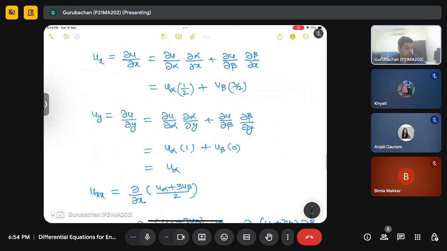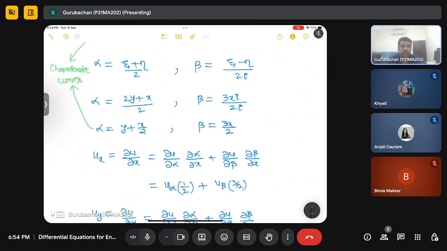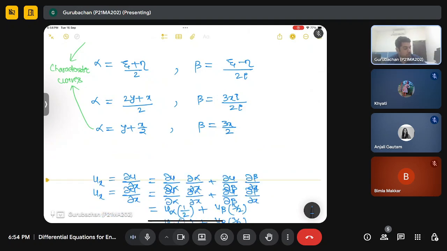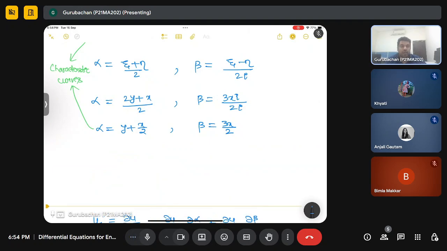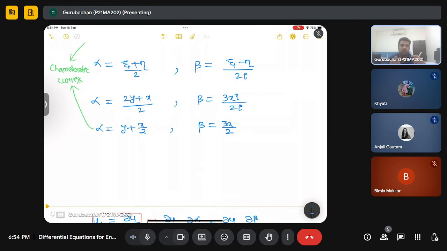We choose this transformation in such a way that our Jacobian is non-zero, so that while solving you can get the inverse in terms of x and y. Since you transform this system into alpha beta, once you solve the equation you have to substitute the values of alpha and beta in terms of x and y. That will only be possible when the Jacobian is non-zero.